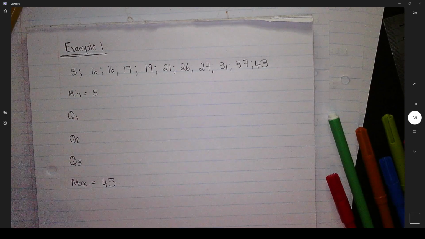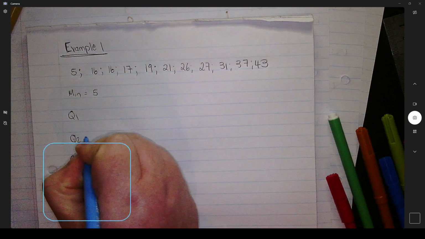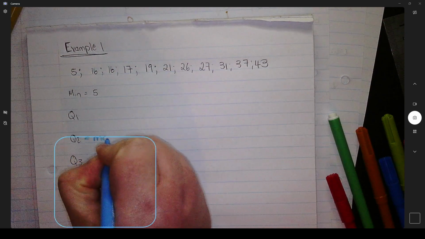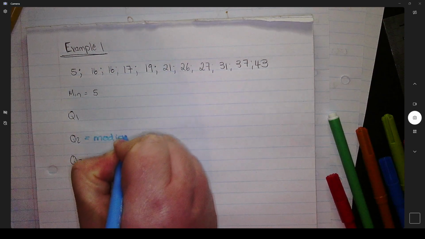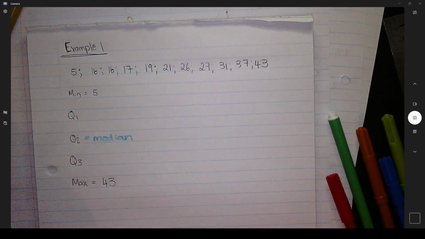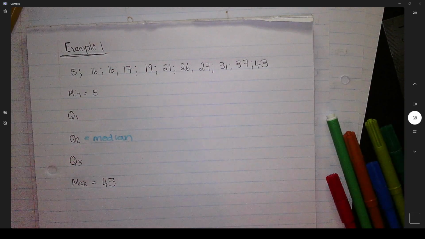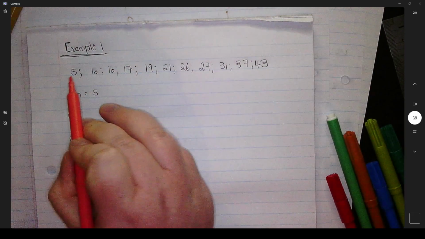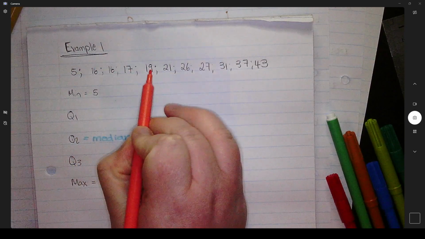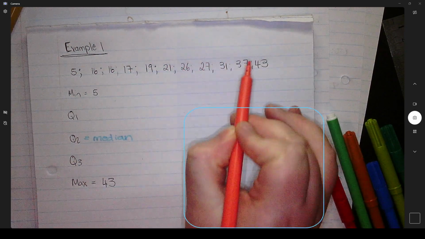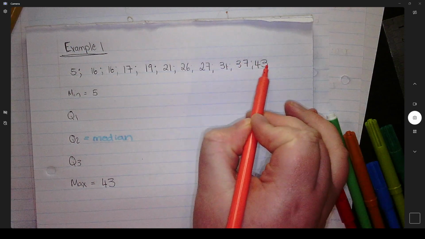All right, so to find your quartiles, we first need to look for the median. The median is the same as quartile 2. All right, so we're looking for the median of this data set. And I'm going to go looking, and I say I have 1, 2, 3, 4, 5, 6, 7, 8, 9, 10, 11 data values.